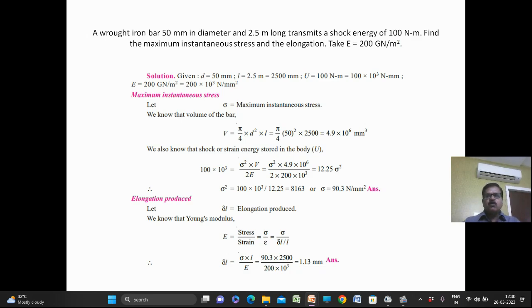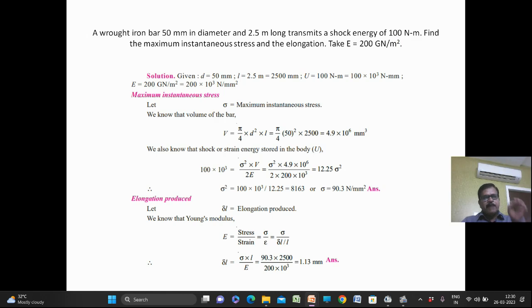Let us take one more simple problem to understand the concept of resilience and strain energy stored in the body. A wrought iron bar 50 mm in diameter and 2.5 meter long transmits a shock energy of 100 Newton meter.